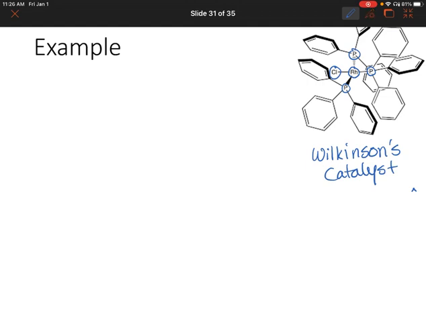Okay, so let's draw an example showing the use of Wilkinson's catalyst. So let's say we have the following alkene. It has a methyl group up above, and then it has a double bond with a methyl group attached down below.